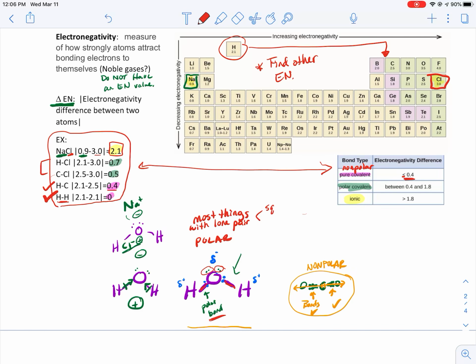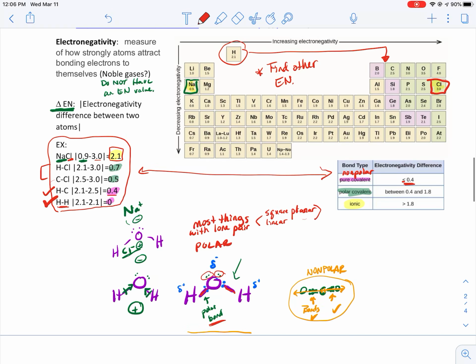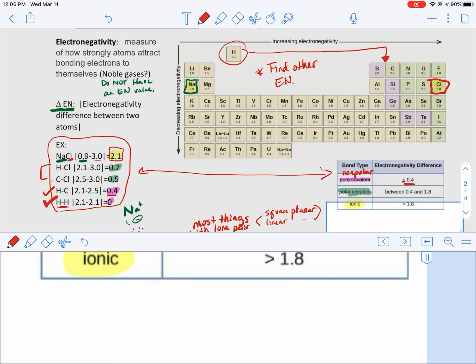The exceptions are going to be square planar. You can get to square planar with lone pairs. And then also there's a certain linear one that you can get to with lone pairs. If you think about those two shapes, if you have something in the middle and then the square planar, looking at the top down, that's the one that looks like this. Perfectly, everything is opposite each other.